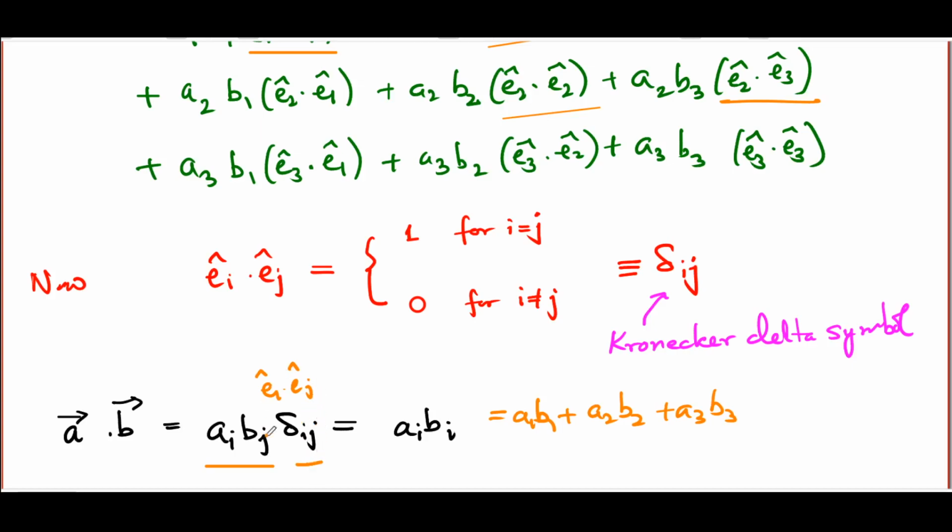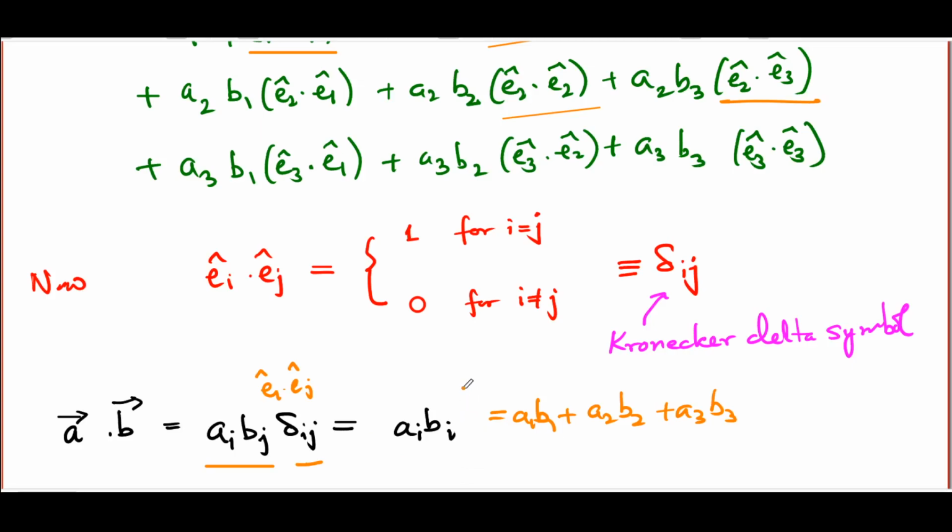There, this delta ij will simply pick up those terms where j is equal to i and drop the rest, because you will get 0 for delta ij for the rest. So, since you are summing up ai bj delta ij, ai of course is not being summed up at this stage, it will be summed up later. The bj delta ij simply becomes bi into 1, of course. So, ai bi is what you end up with.